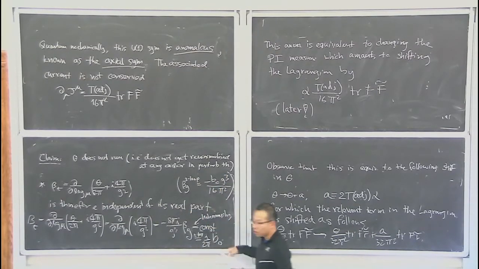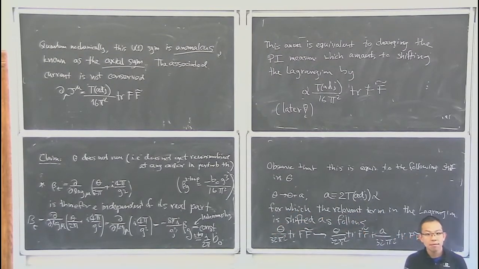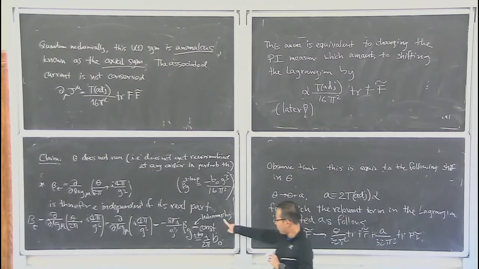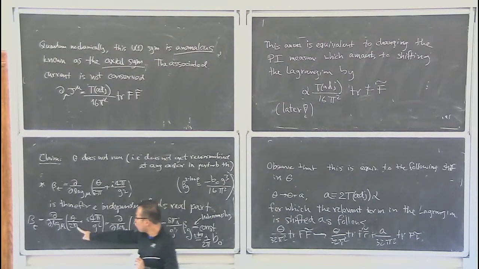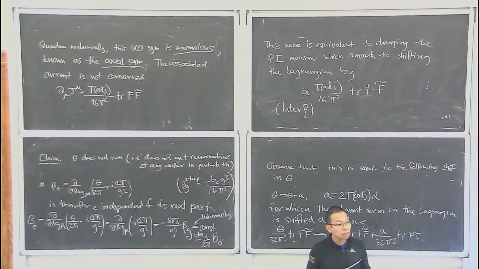You plug this in, you get this. You see this? So this is how to show that it's exact at one loop. This is due to holomorphy, and the proof really relies on the no running of theta. Sorry, you want minus 8 by i divided over g cubed? Yes. Oh, okay.